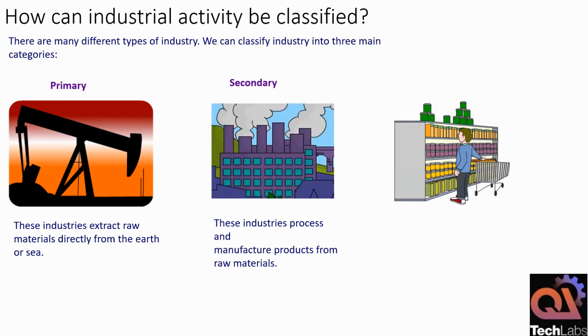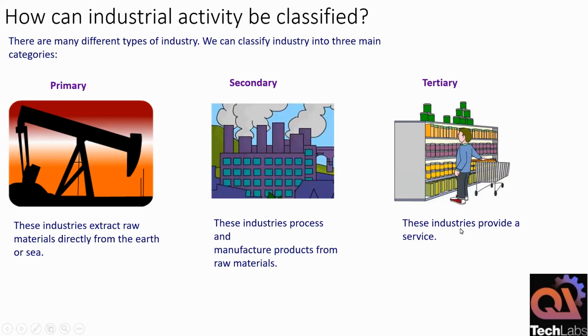So a shipping is not a primary activity. You don't go and dig a ship out of the earth, right? So just be very careful about the differentiation. Industrial activity can be classified into primary, secondary, and tertiary. So what does tertiary industry mean?